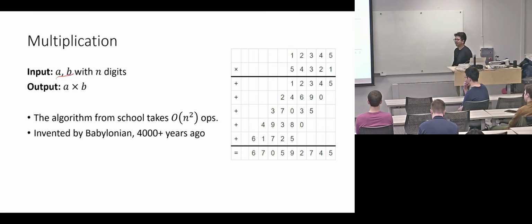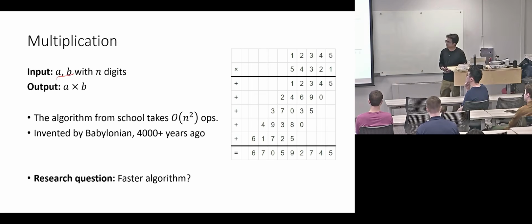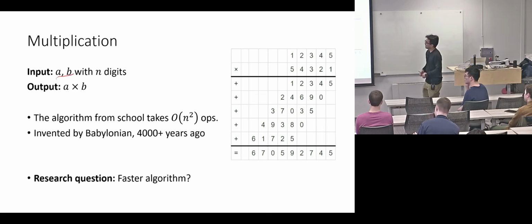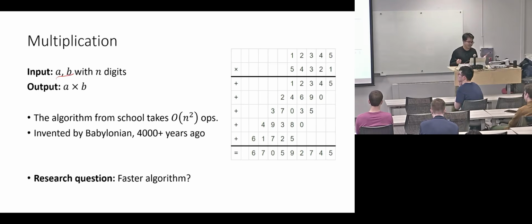But the thing that we always ask ourselves, whenever we have some problem, is: can we do better? This is the research question that we can ask of any computational problem that we encounter. And there is an interesting history to this research question.